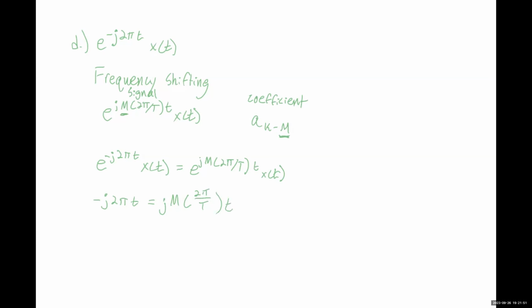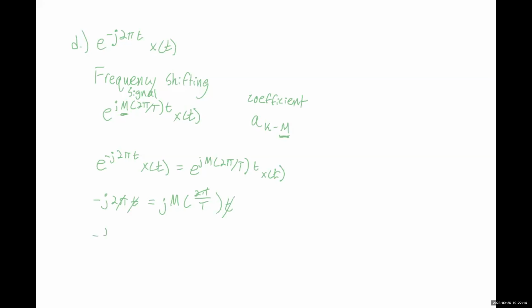Now we can divide our 2 pi over and our t over. Those will cancel. We want to solve for m, so we're going to divide the j over to the left side and multiply by t.